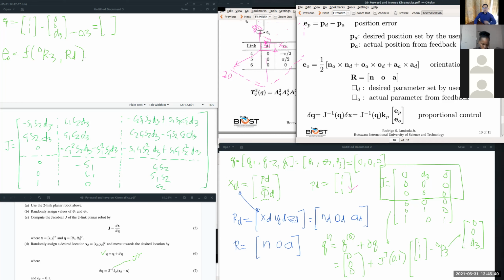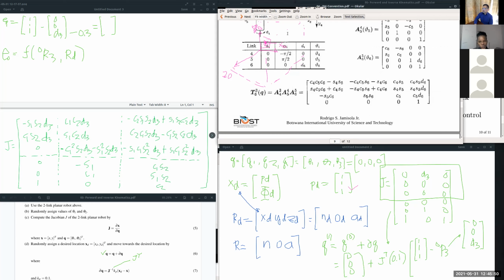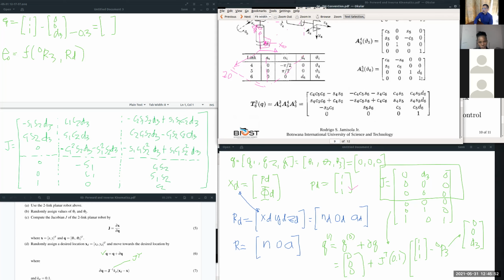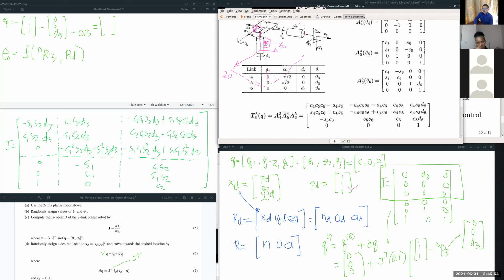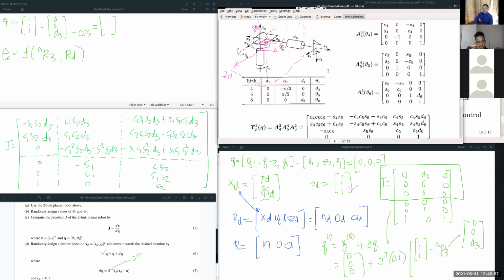For example, we say that we want our end effector to be rotated 90 degrees about the z-axis. So what is the rotation of z by 90 degrees?